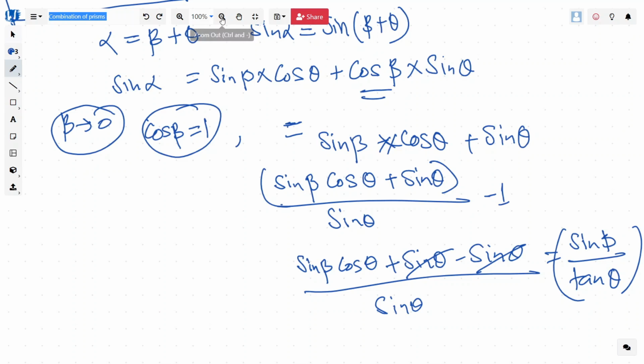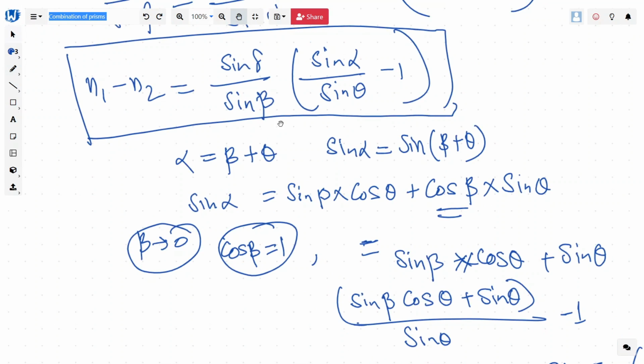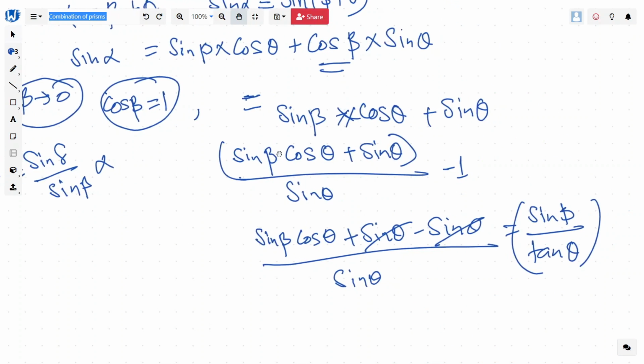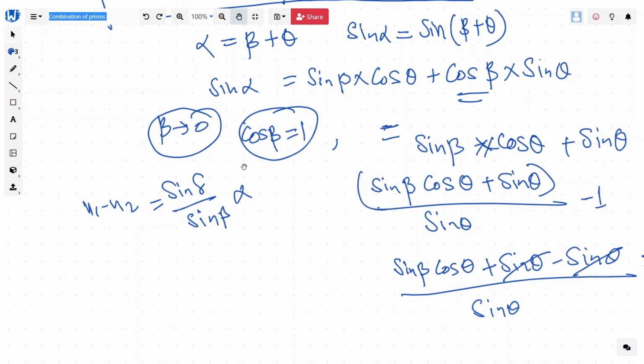So this expression over here will reduce to a very small number, and now we know that n1 minus n2 will be sine delta by sine beta into what we have derived here, sine beta by tan theta, right? So sine delta by tan theta.